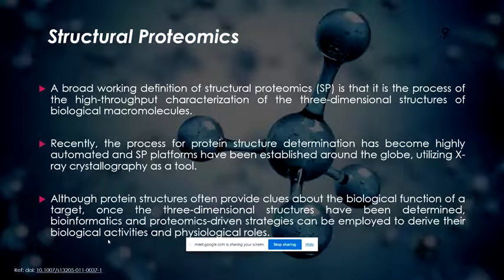There are three methods for protein structuring: NMR spectroscopy, X-ray crystallography, and cryo-EM, the cryo-electron microscopy. These three methods can help you determine the structure of a protein or a DNA, any macromolecule.